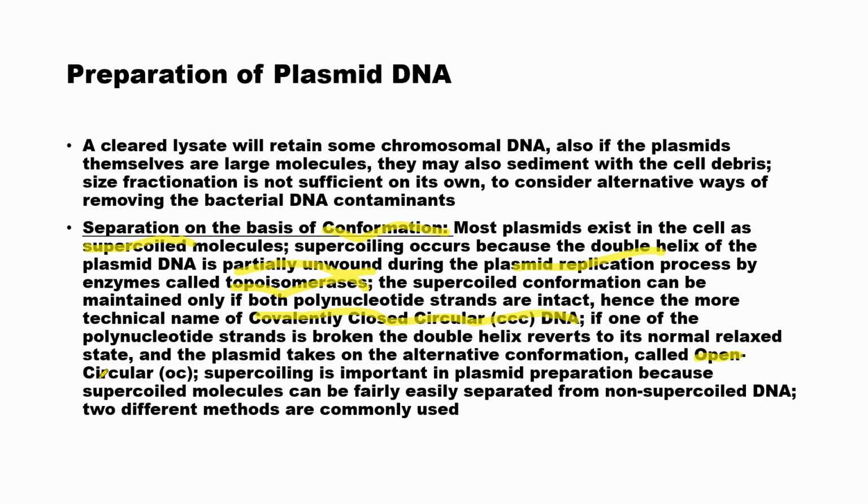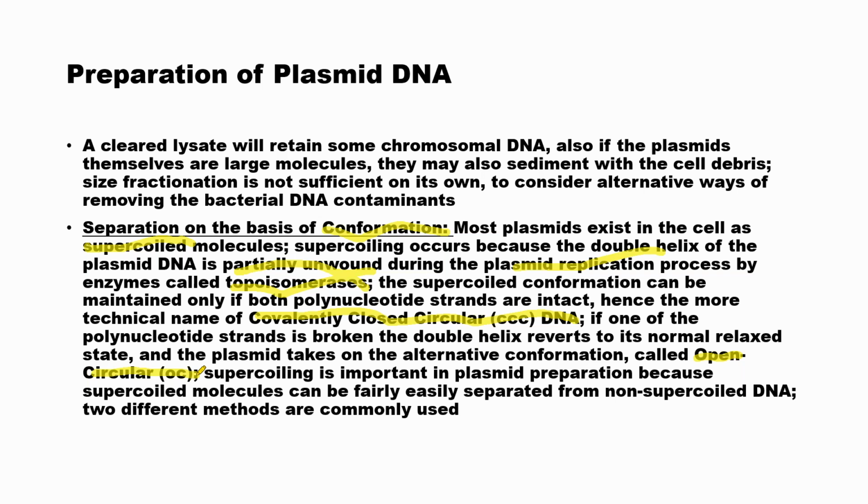or OC conformation. Fine. Plasmid DNA usually appears as circular molecules. It may exist in the cell as supercoiled molecules due to partial unwinding during the replication process by topoisomerase enzymes.